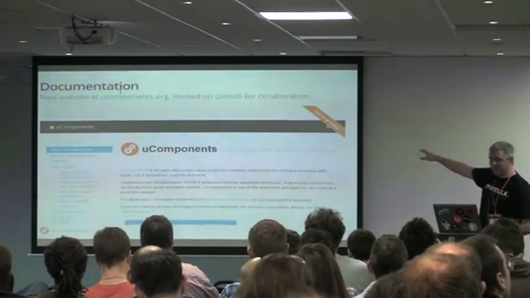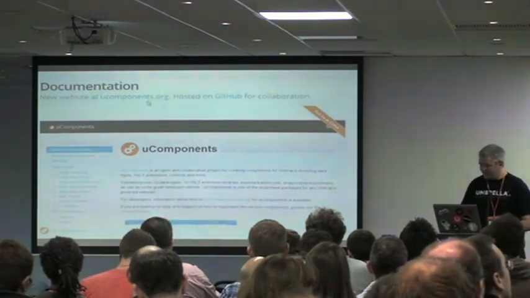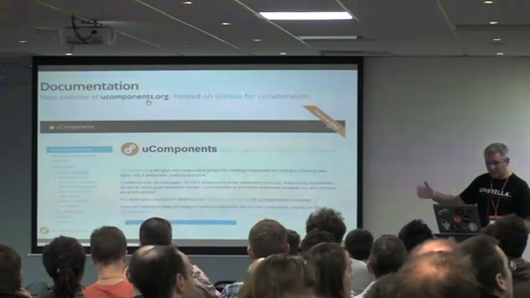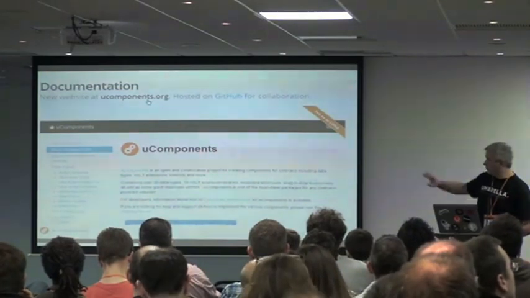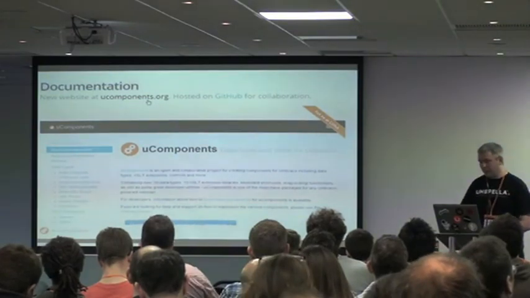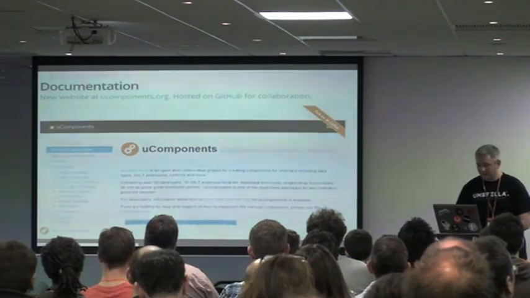You just click on the Fork Me on GitHub banner. This is still hosted on GitHub. It uses GitHub's internal page engine to actually render all the pages out. So uComponents.org is using the GitHub repository directly, and any updates that are made on GitHub are automatically synced into the website.